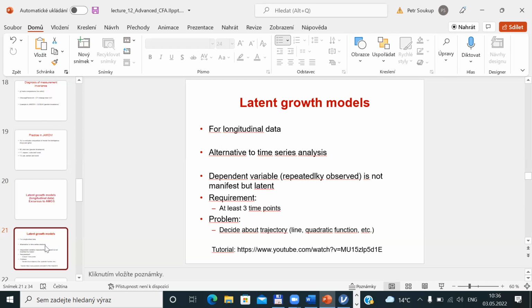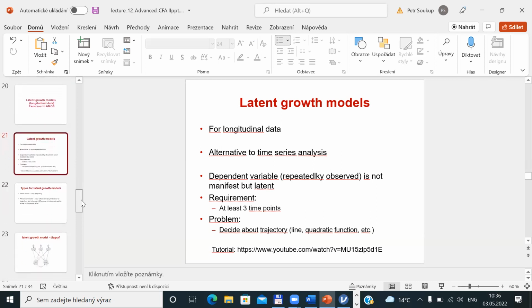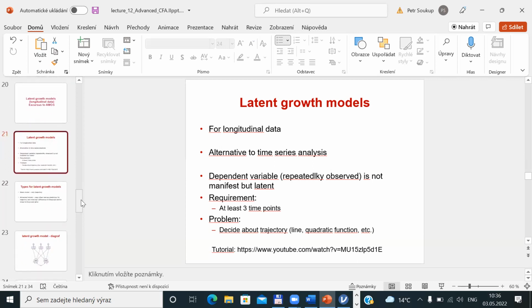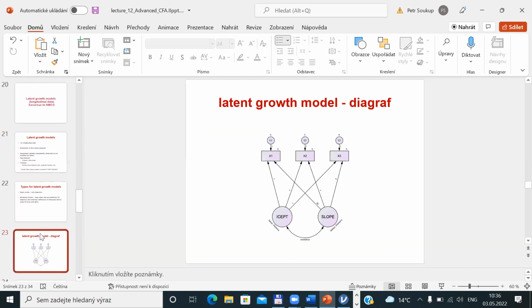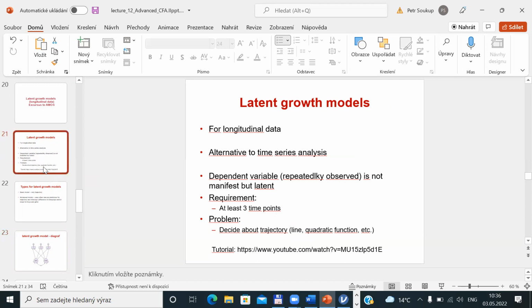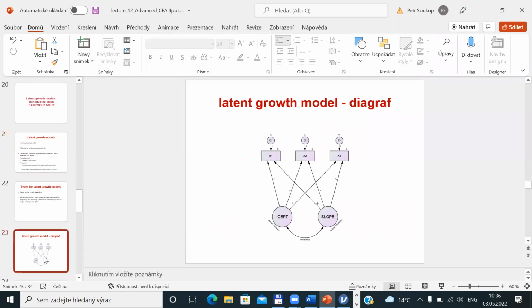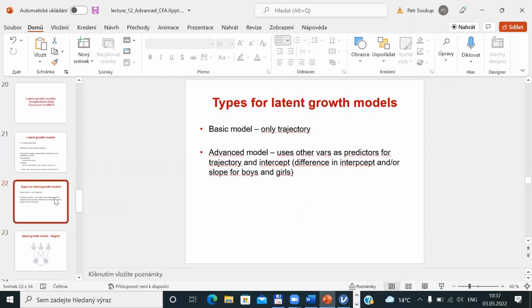And the logic is quite strange here: not a dependent variable, but an unobserved variable should be written here, as you can see on the picture. Here it is called intercept and slope. I would like to use these variables for measuring the development of some phenomenon, which is repeatedly measured.